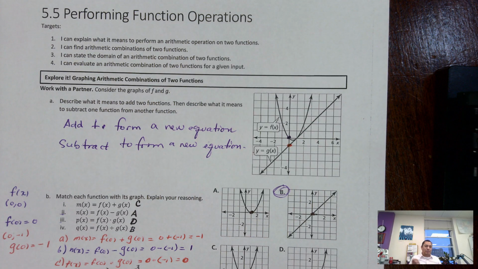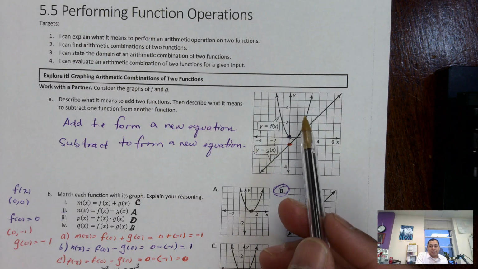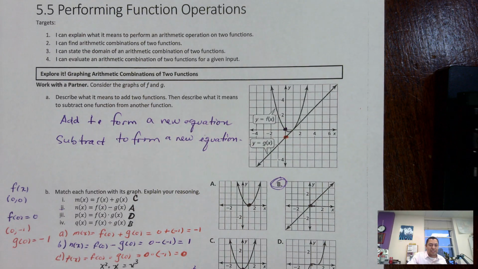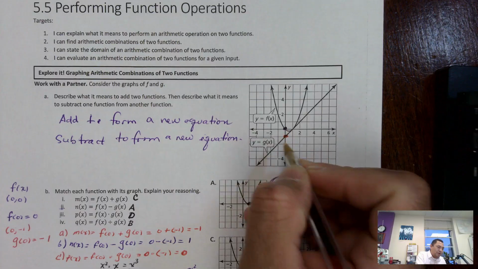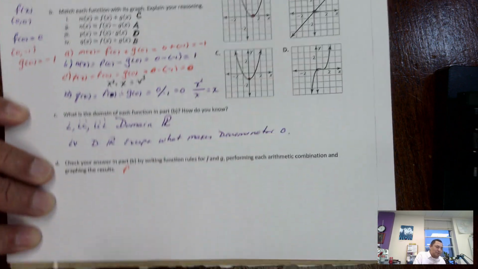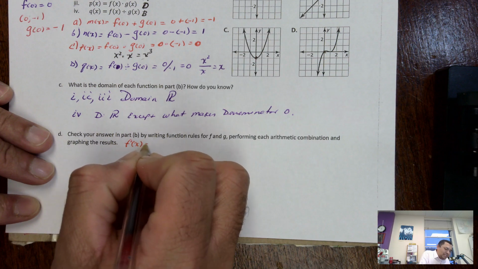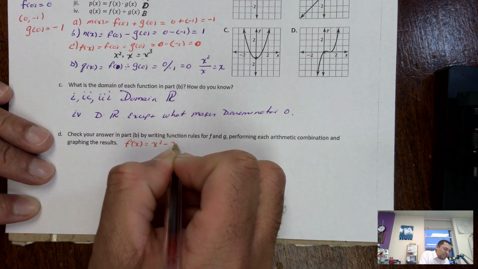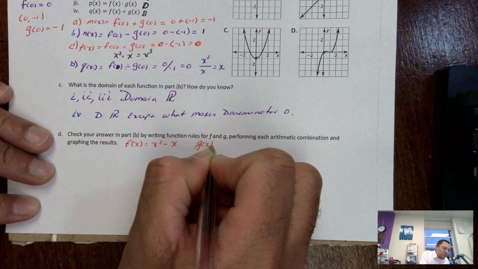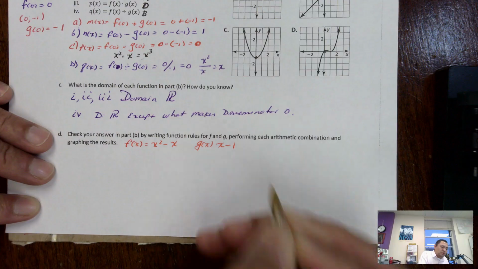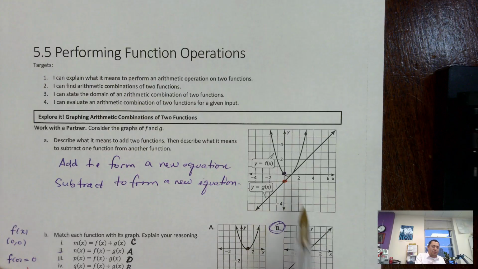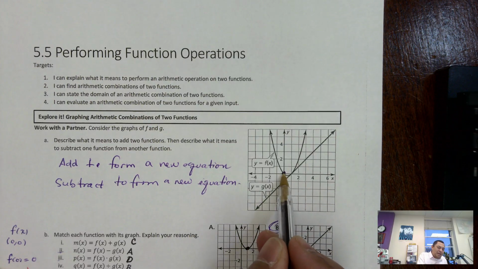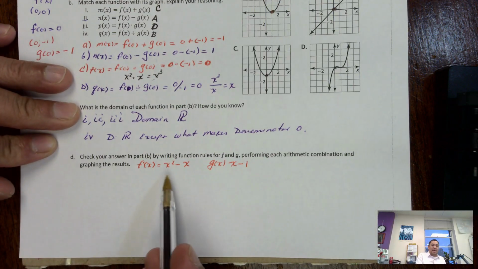But if we use the knowledge that we have from the previous classes, f(x) is equal to x squared minus x, and g(x) is going to be x minus 1. So those are the actual functions. See, this function went down 1 unit. This one moves here to the center. So if we do the table of values, we're going to get these two functions.